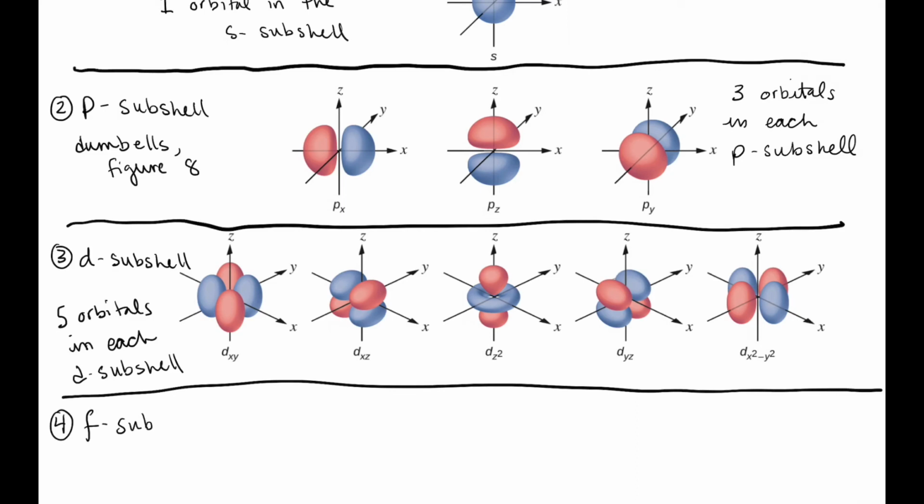The fourth type is called the F subshell, and there are 7 orbitals. We won't usually talk about them very much, and I'll show you why later on in chapter 6, but there are 7 orbitals in each F subshell.